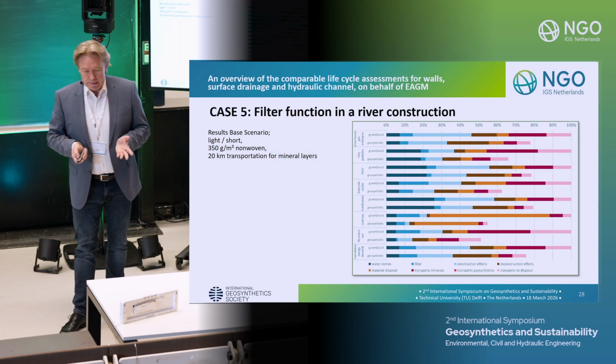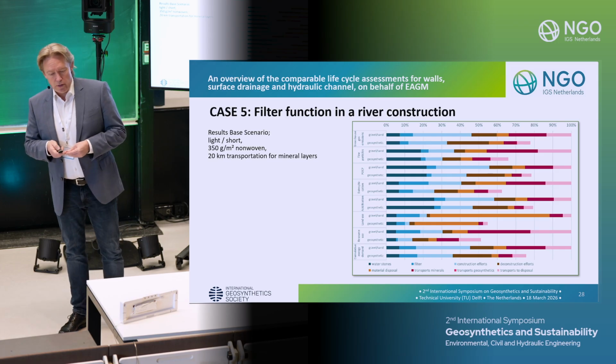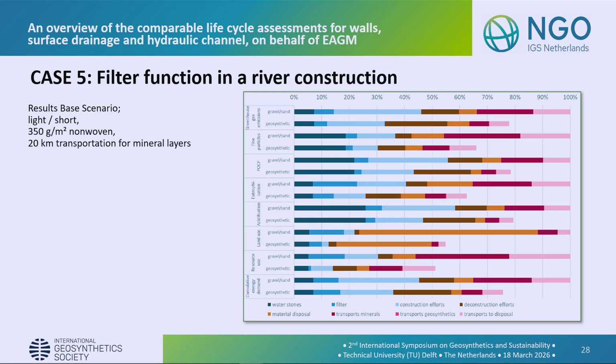Only 2 results here, so this is the base scenario where we have the light product and the short distance for the mineral layers. And with the first column, you always see the classic construction. With the second column, you always see the construction with the geosynthetic. And here are the 2 columns highlighted a little bit above and below, where you have, instead of the classic construction, the geosynthetic construction.